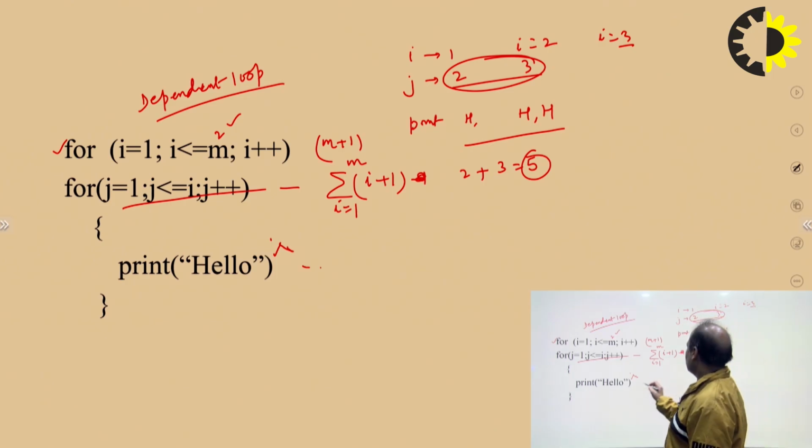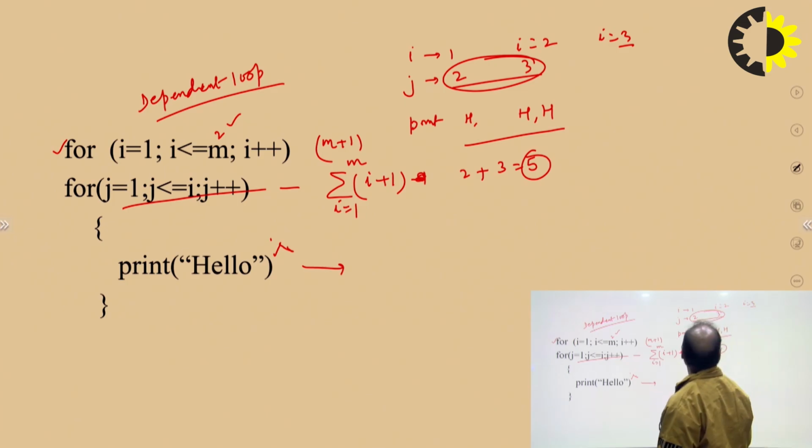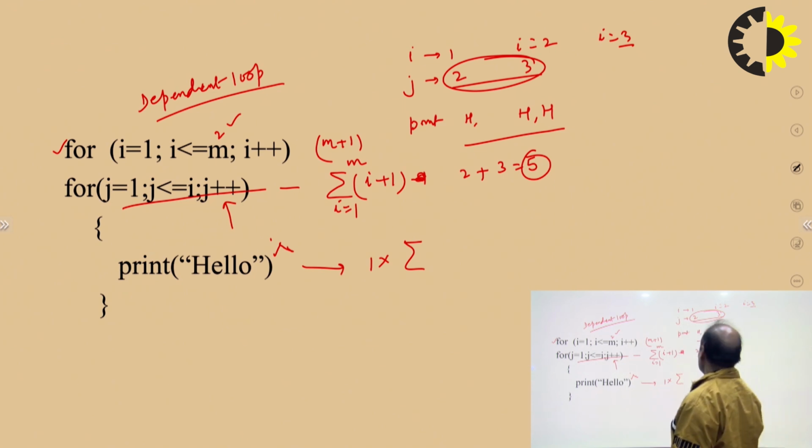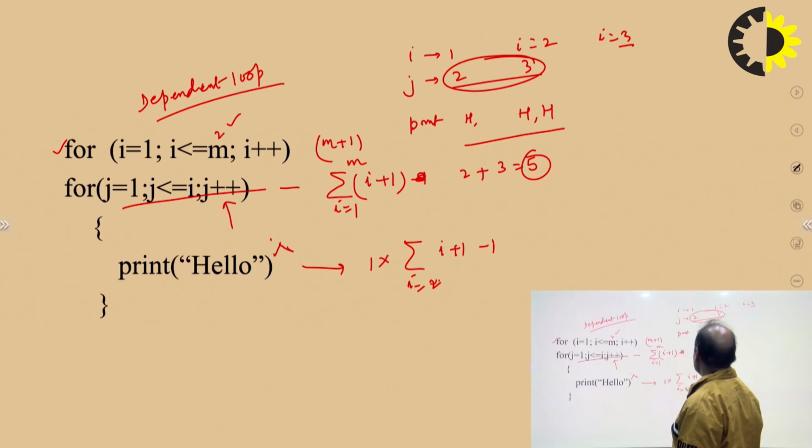And this guy you see here is 1, and this is also depending on the previous one. So the previous one is i plus 1 minus 1. So i is 1 to m, that means 2.